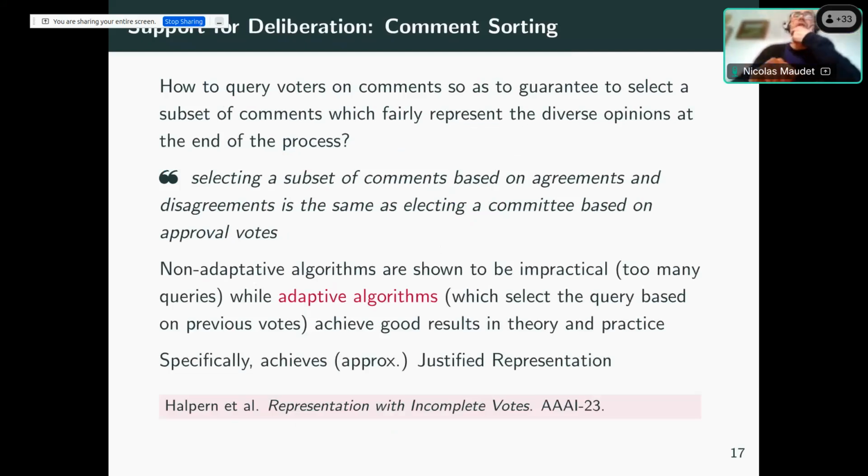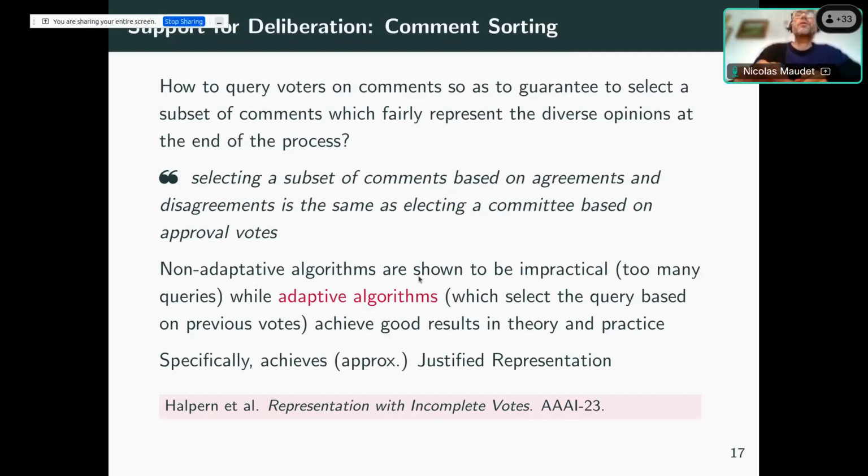And in these recent AAAI papers, some colleagues looked at different algorithms to then query the voters to look for the most relevant queries. What they call an adaptive algorithm will select the query based on previous votes.